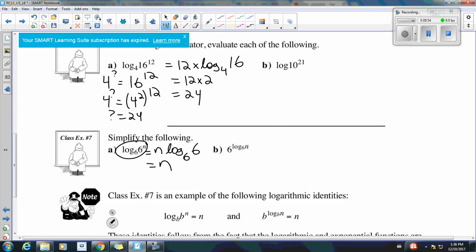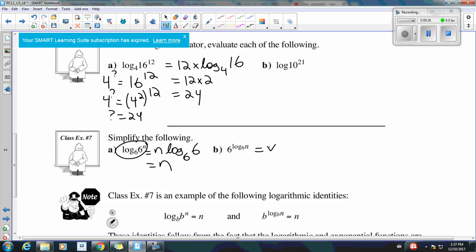Next one, 6 to the power of log base 6 of n. So again, we can first solve for log base 6 of n. Okay, sorry. So here we can make this equal to v. Then we can change to exponential form.